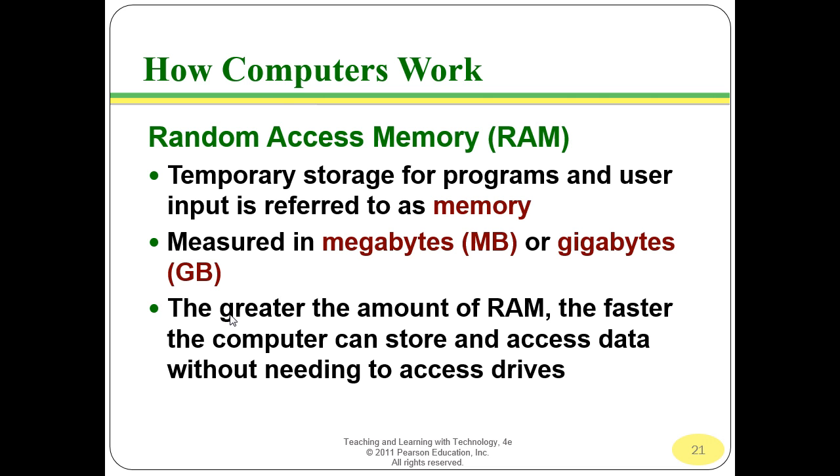And then once we save it and store it on the hard drive, we want to be able to do that. But we don't want that computer having to pull information from that hard drive, because that will slow down the process.